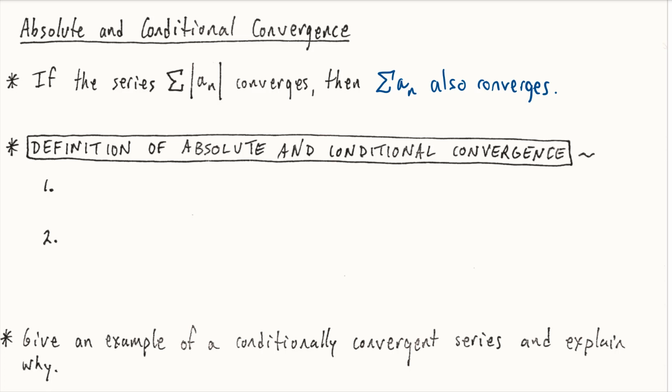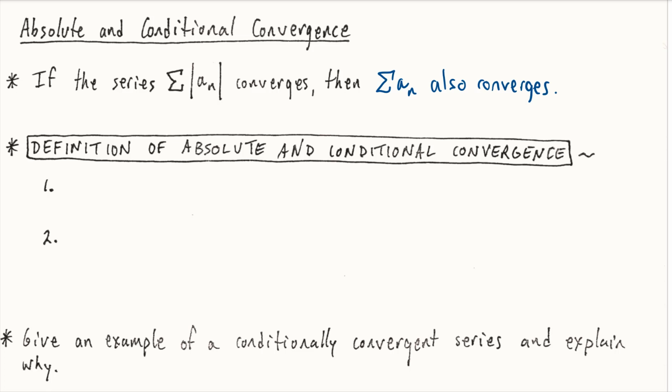If I can prove that converges, then I know for certain the alternating series I started with converges. So we can sometimes avoid the alternating series test by putting absolute value on the terms and showing that that one converges. Therefore, the one with negative terms would also converge.